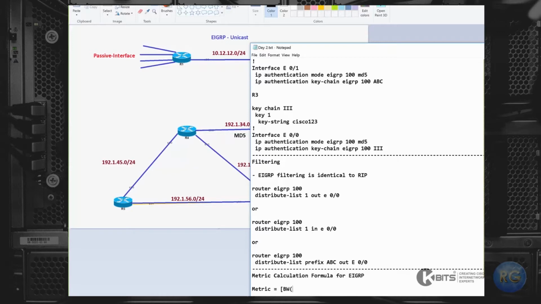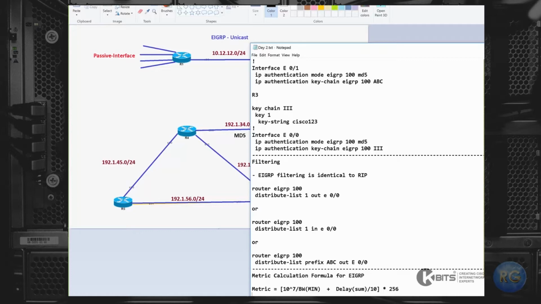Bandwidth minimum, actually 10 to the power of 7. This is my way of saying 10 to the power of 7 divided by bandwidth minimum along the path plus delay, which is an attribute of the interface, sum of all the delays of all the interfaces it goes through, divided by 10. And I don't know why, but they use 256 as a number to multiply it to get the metric, like a cost.